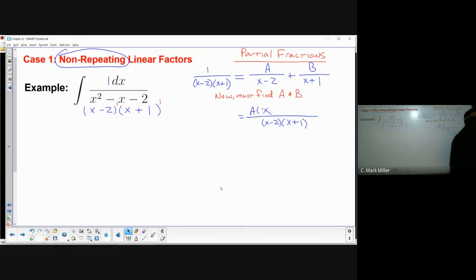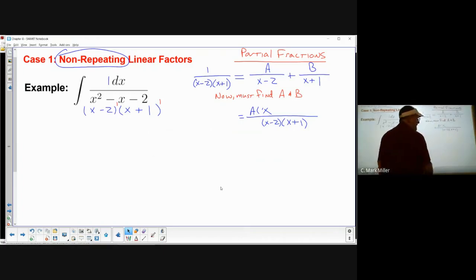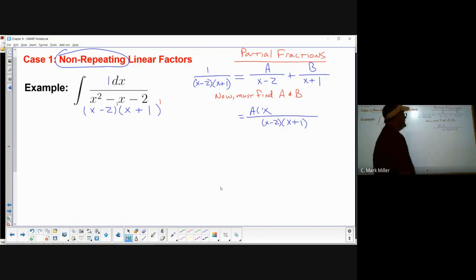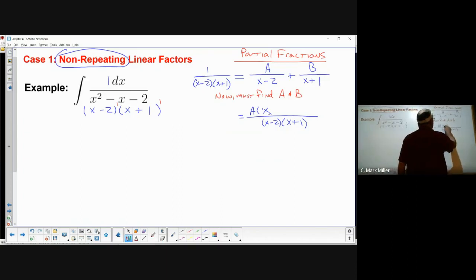Okay. You need to get a common denominator of x minus 2, x plus 1. So this first term, we'll need an x plus 1 on the top and bottom. So you have a times x plus 1 on the top, plus b. The second term is going to need an x minus 2 on top and bottom.